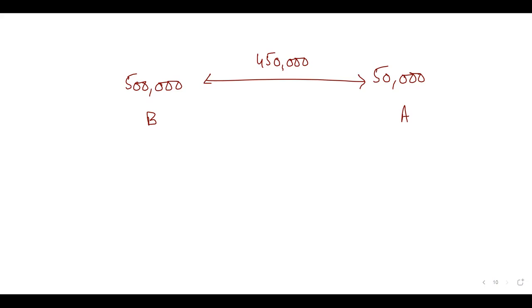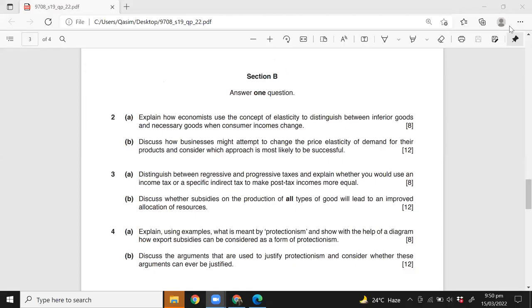Right, so Zohan, are you doing something else as well? Which of the two, read the question and then comment. Explain whether you would use an income tax or a specific indirect tax to make post-tax incomes more equal. Okay, no worries. So which of the two would make your post-tax income more equal? Income tax or specific indirect tax?